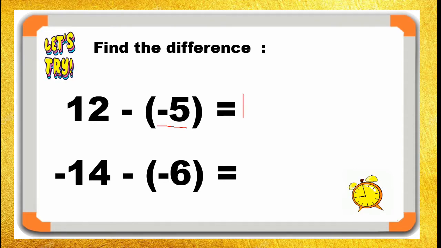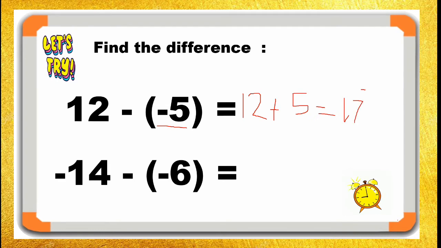So let us write 12 minus, the opposite is positive 5. But we are going to change minus to addition. 12 plus 5 equals 17 is the final answer.